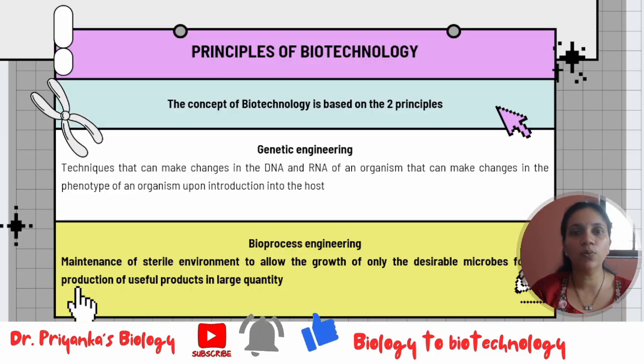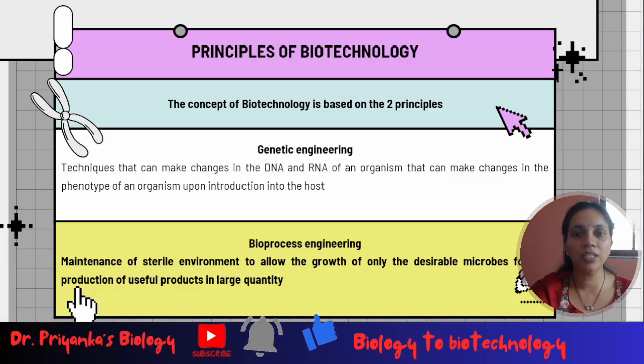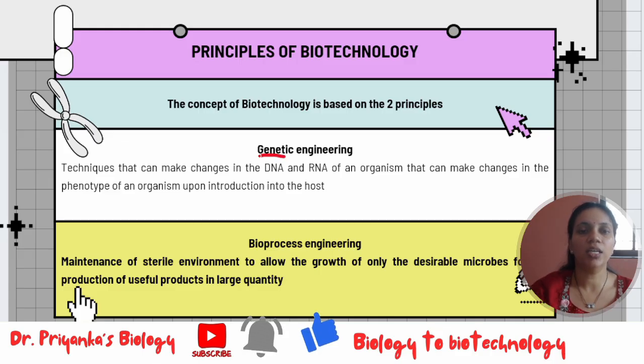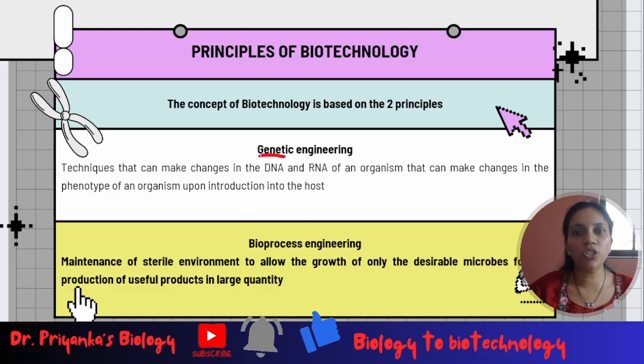So let's try to understand what are the principles of biotechnology. There are two basic principles which govern the field of biotechnology. The first one is genetic engineering. So we try to engineer something at the genetic level. When we talk about genetic level, we talk about the DNA, RNA of an organism.